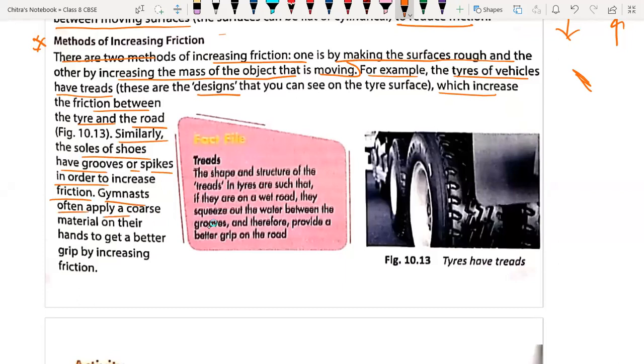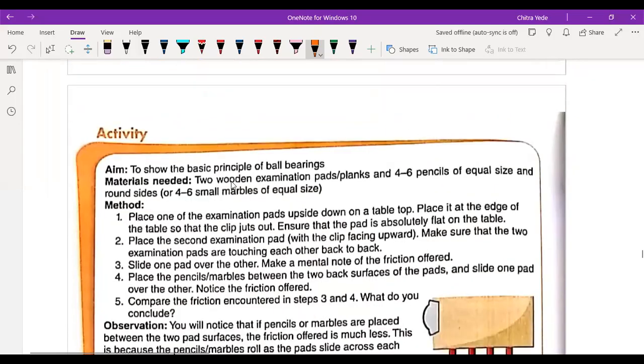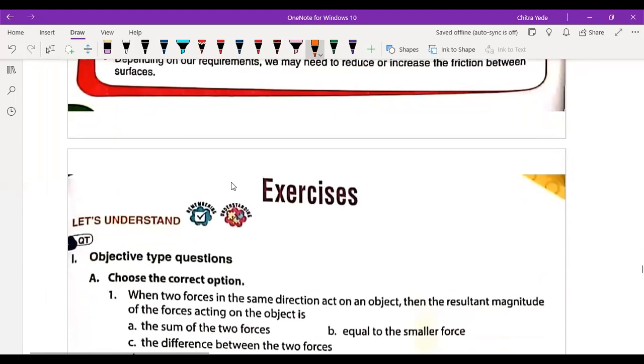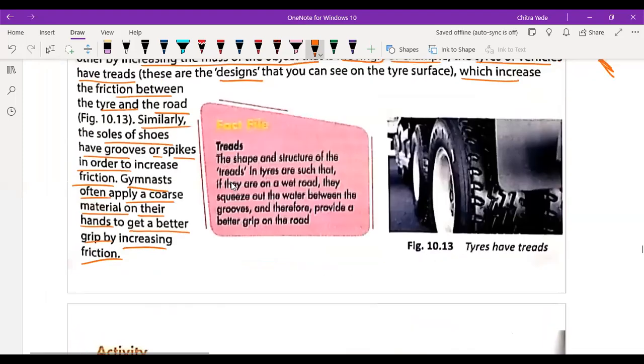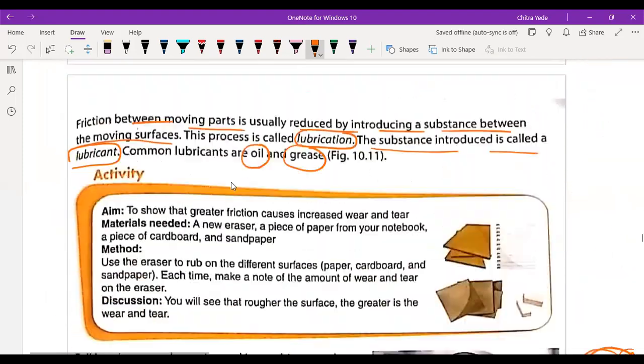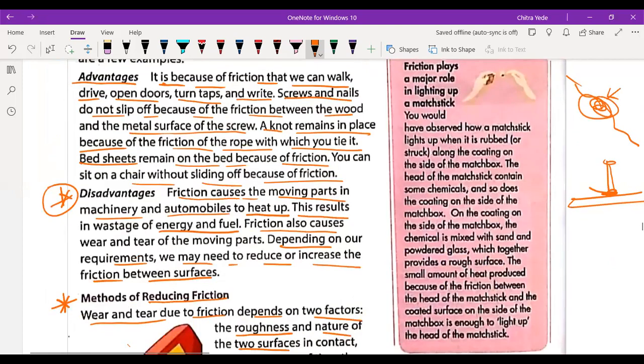Gymnasts often apply a coarse material to their hands to get a better grip, or to increase friction. So these are the ways by which we can reduce or increase the friction between two surfaces in contact with each other.